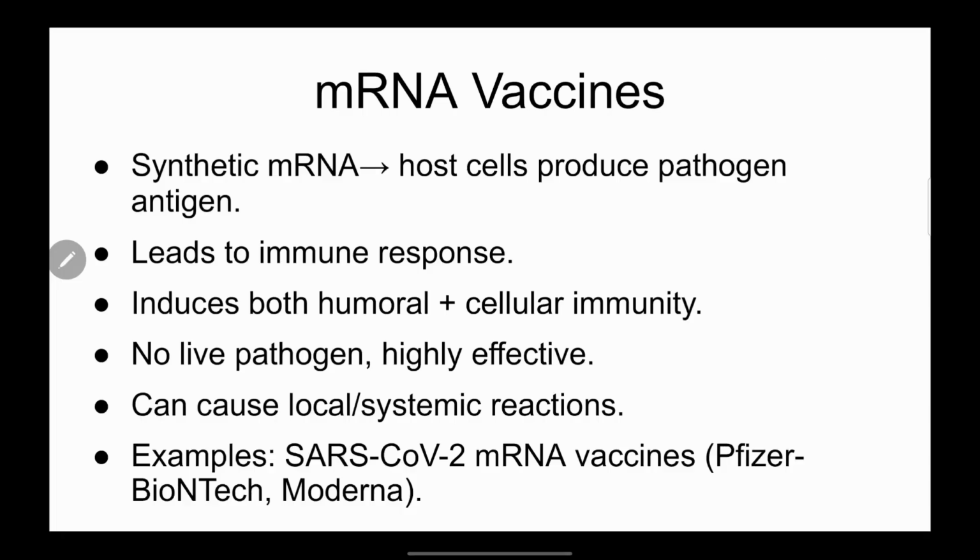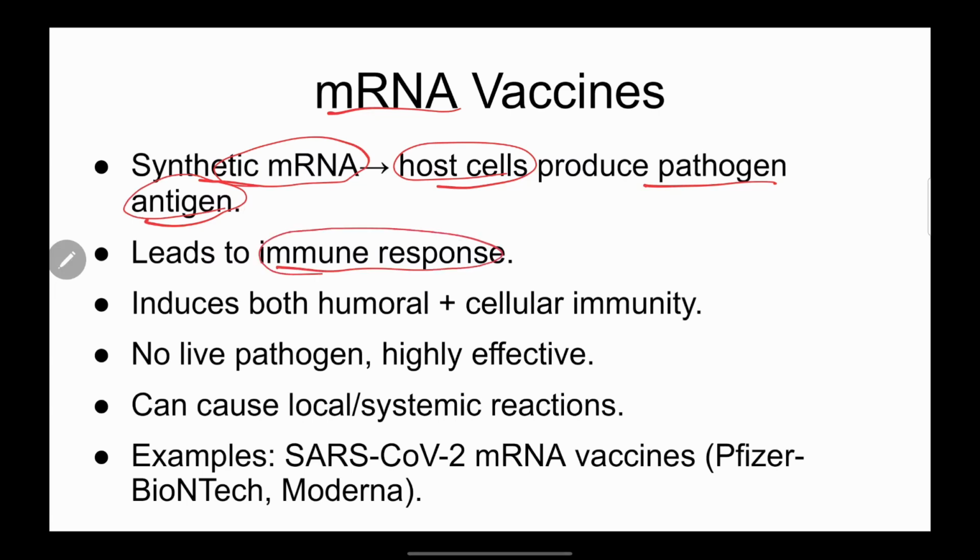Okay, last we have mRNA vaccines, and this is one of the more recent ones. A synthetic mRNA is made in the lab and injected, and the host cells produce the pathogen antigen. They are not producing the pathogen itself, only a part of its antigen, and that leads to an immune response. This leads to both humoral and cellular immunity.